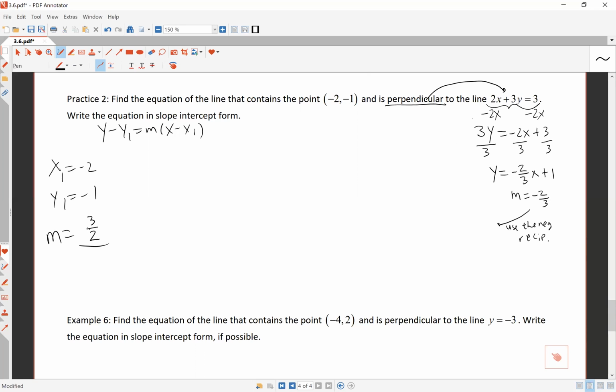Now we're ready to make our line. Y minus y1 equals m times x minus x1. Y minus a negative 1 is y plus 1. 3/2 times x plus 2.